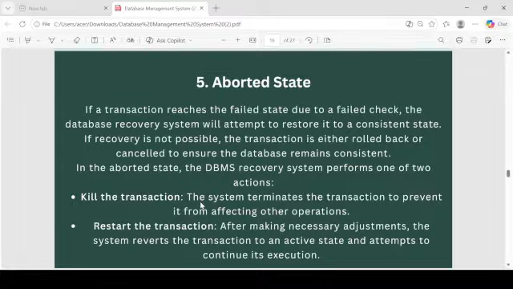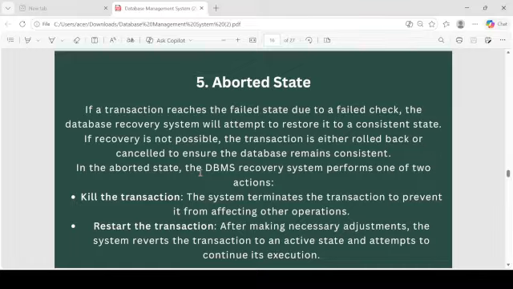The next topic is the aborted state. If a transaction reaches the failed state, then we move to the aborted state. If recovery is not possible, the transaction is either rolled back or cancelled to ensure the database remains consistent.